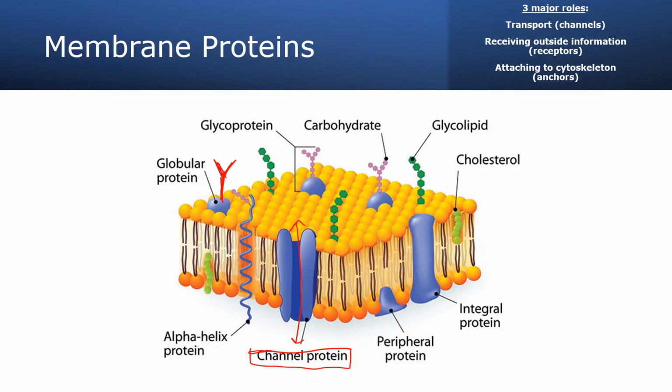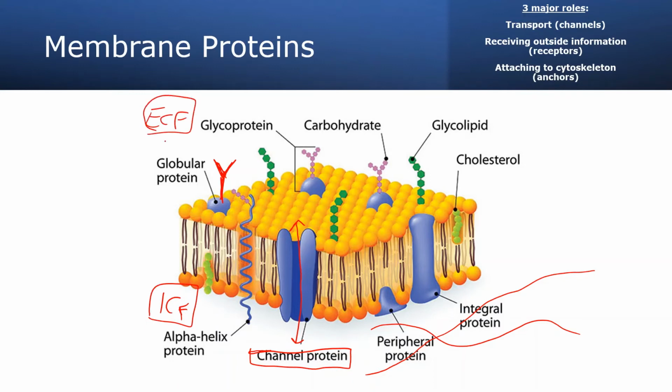And if you see any threads in a picture, and I'll sketch these in real quick, down here in the ICF, the intracellular fluid, again the ECF would be the fluid on the outside of the cell, here on the inside of the cell you could see these fibers running through the cytoplasm.